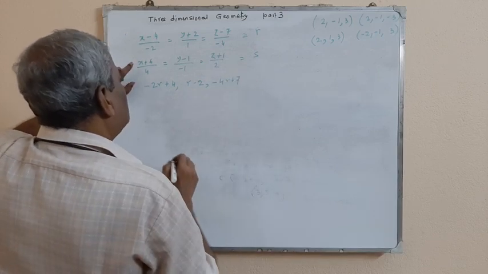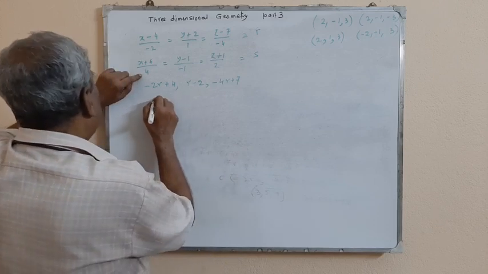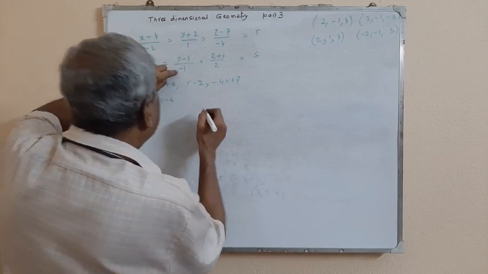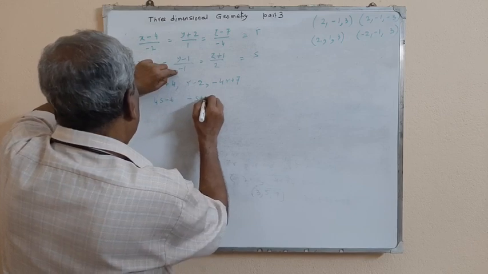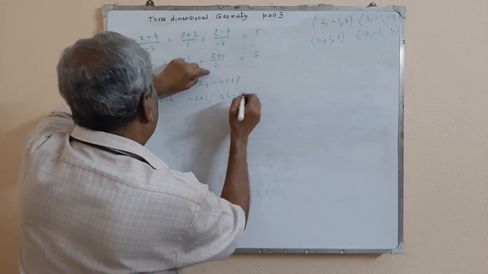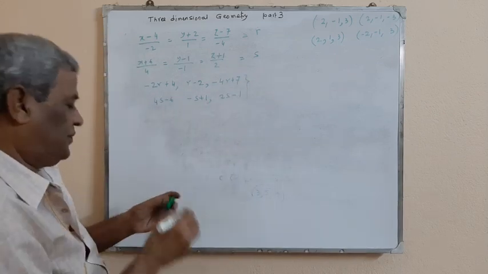And for the second straight line, any point is (4s minus 6, minus s plus 1, 2s minus 1). These are any two points on them.